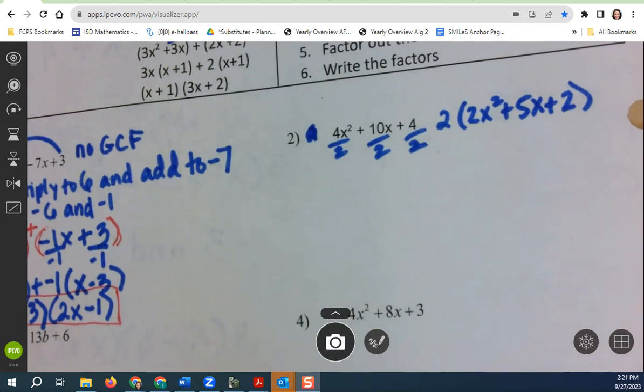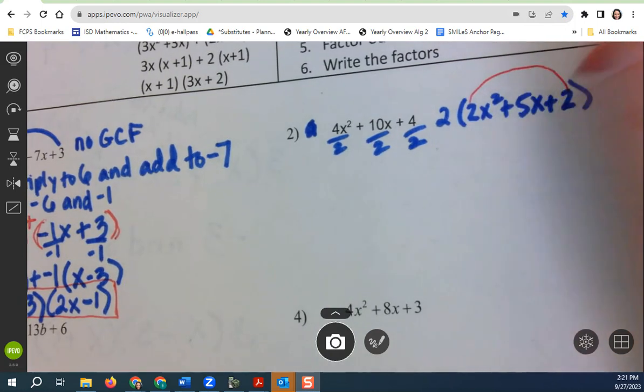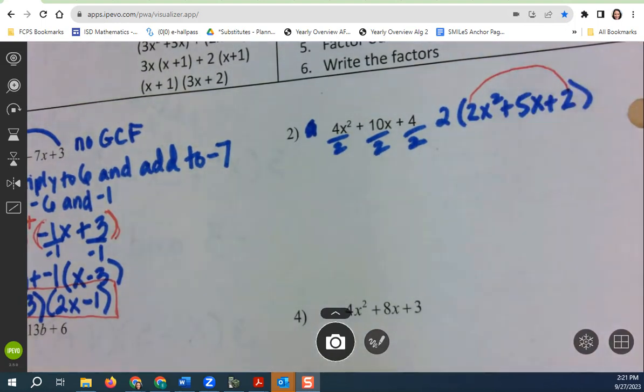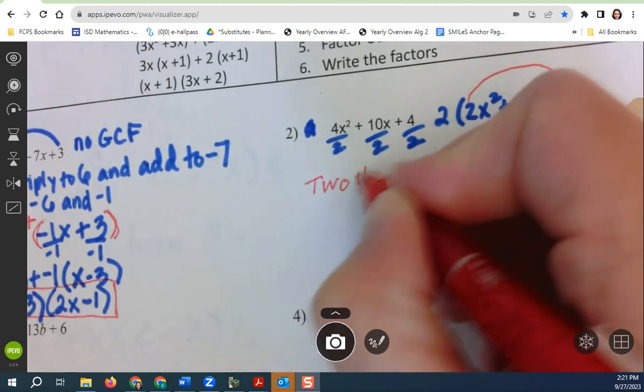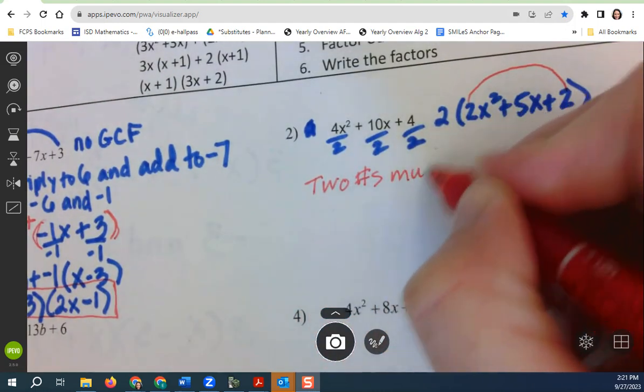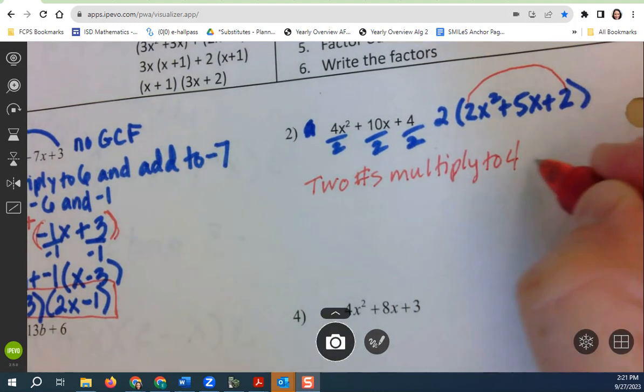Okay, so now we multiply the first one and the last one. 2 times 2 is 4. So I need two numbers that multiply to 4 and add to what?